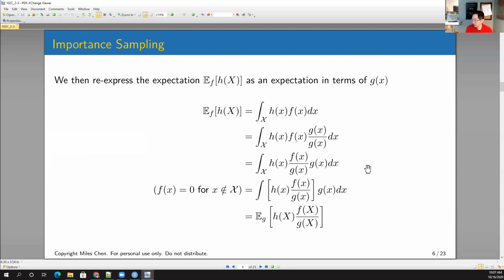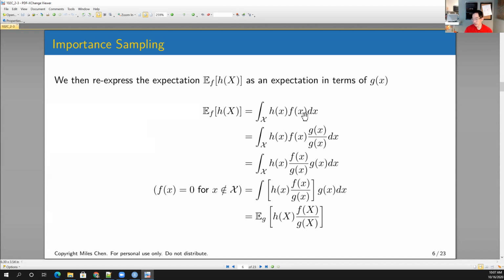Mathematically, this is what happens. The expected value of the function h applied to the random variable x, where x comes from the PDF f, is equal to this integral over the support of f of h of x multiplied by f of x dx.